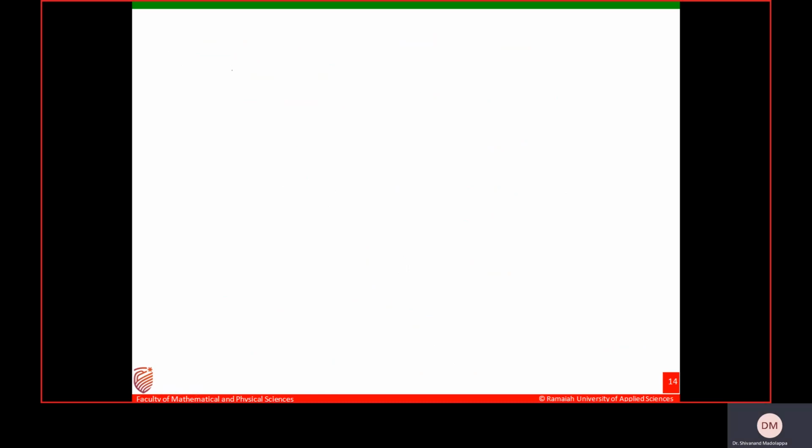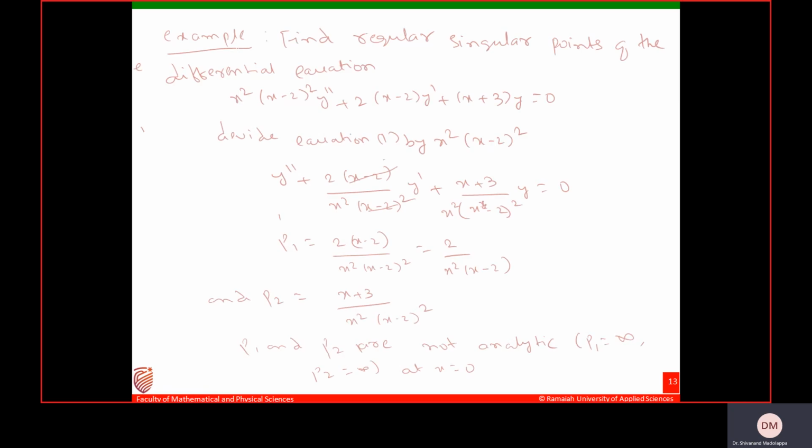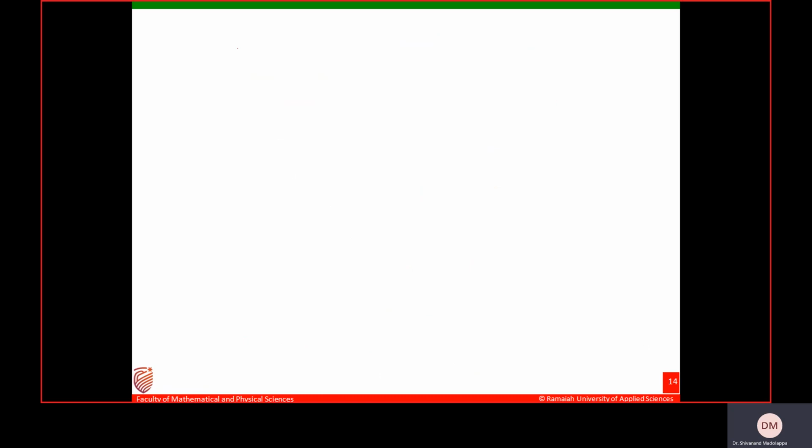And even if I put the value of x is equal to 2, we will get x minus 2 is equal to 0. Again, any number divided by 0 will be infinity, so P1 and P2 also become infinity.